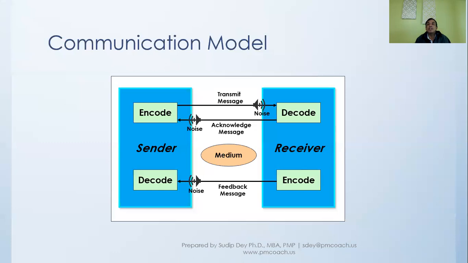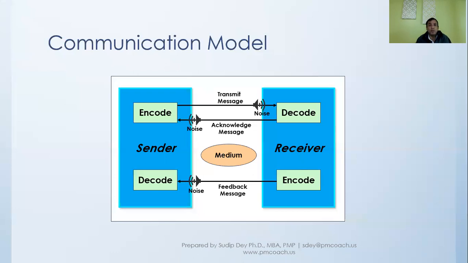So the receiver will look through your idea, try to understand, which means they will decode what you have said, and then understand, and then will put his or her thought and encode the thought in an email, and that will be sent as a feedback message to you. Once you read the feedback message, you read through what the receiver is trying to say, decode it, and understand what the feedback is about.